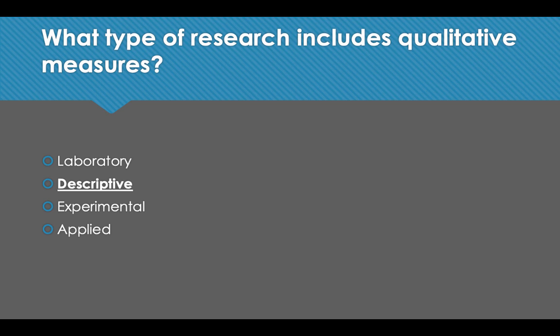So the first one, what type of research includes qualitative measures? Of our options here, laboratory, applied, experimental, those are not, think the difference between qualitative and quantitative. Quantitative is about measurement and numbers, statistics, etc. Qualitative research is trying to understand the lived experience of others.